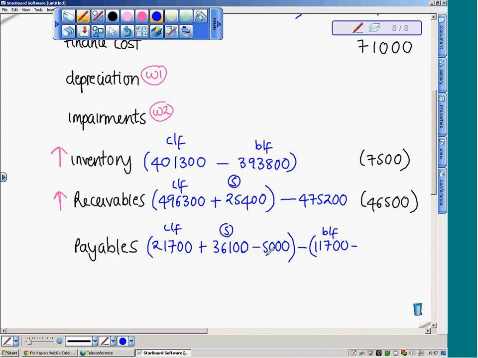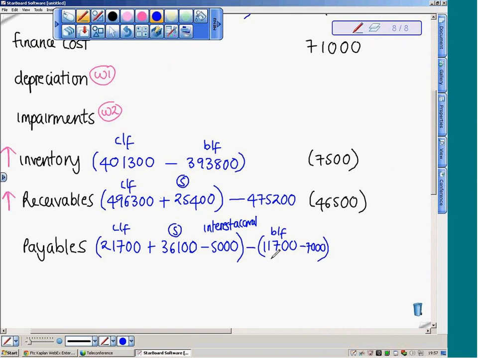Okay, the 5,700. So I'm taking that 5,000 out. That's interest accrual, stripped out from the brought forward number as well. And that's given to me in note 7.